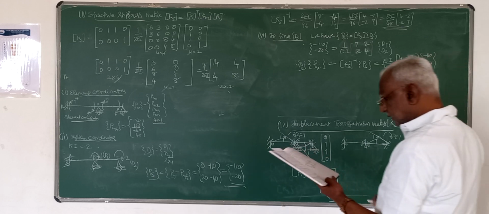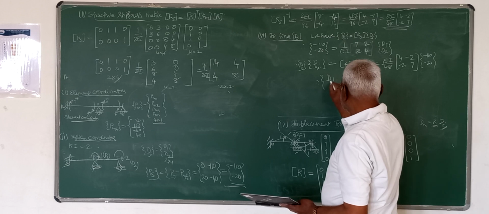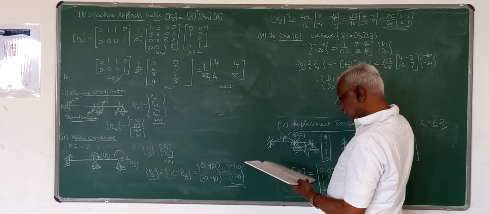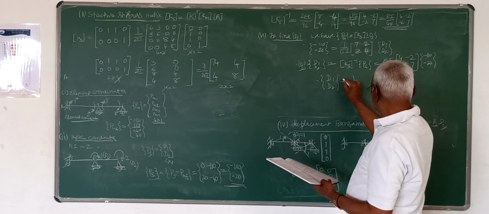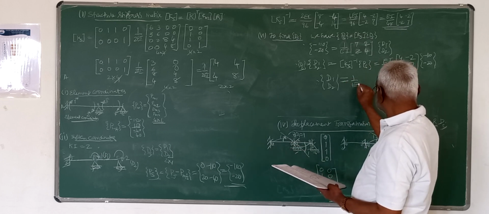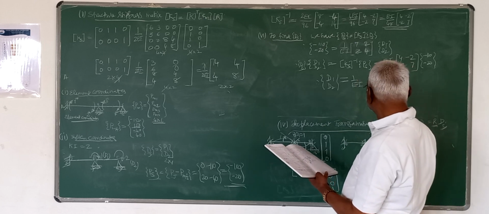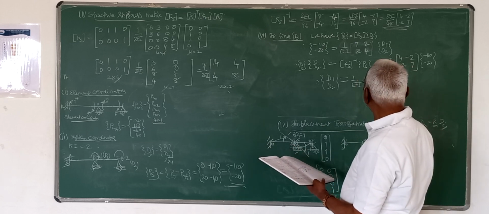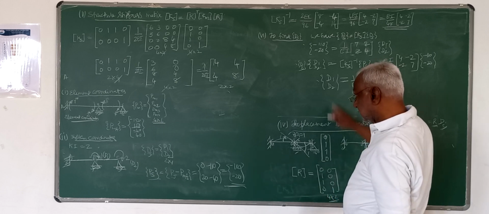So D1, D2 is given by 1 over EI. Is this okay?